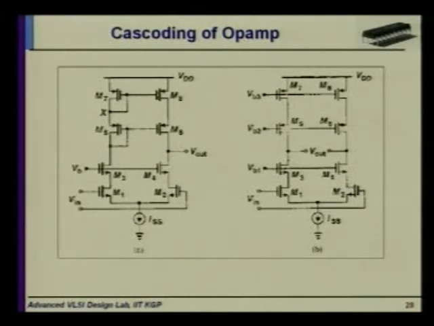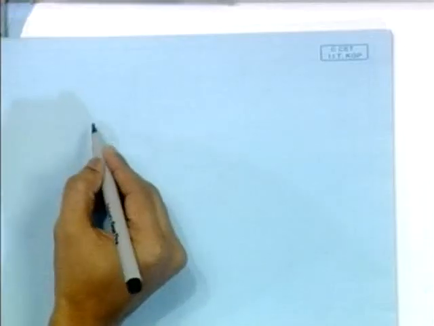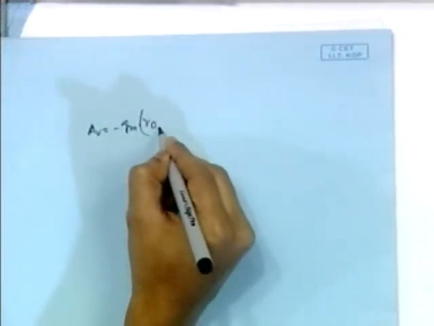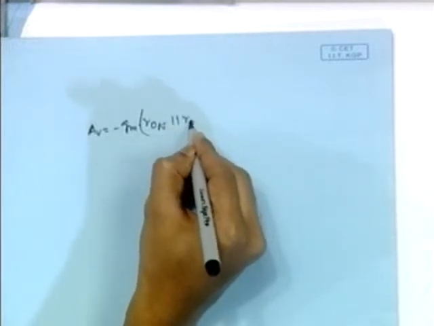Cascading of op-amps means, as you can see, I am talking about both structures: this is a single-ended structure and this is the differential output structure. In both, in a single stage op-amp, what is the small signal voltage gain? AV is equal to minus gm into R naught N parallel R naught P. That was M2 and M4 for that.